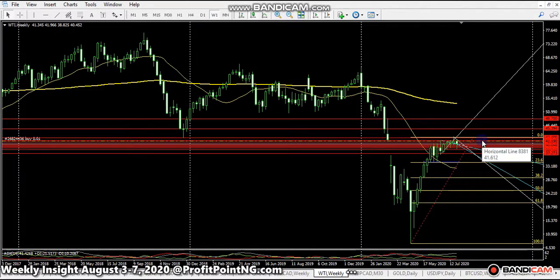Our ability to break above $42 per barrel, I'm not going to be surprised that crude oil is going to reach $45 per barrel in August. And then, depending on the outlook and the economic situations, we expect a movement into the $48 region.